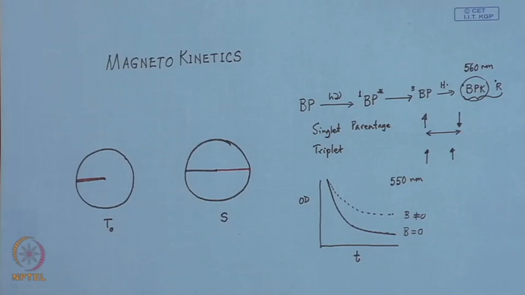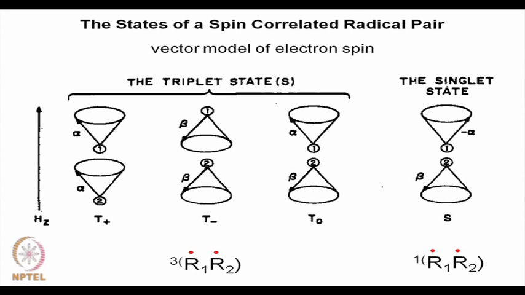So in this way, if you can change the relative precessional frequency, then you can shift from T0 to S or S to T0. So that is one way of transforming the system from T0 to S. Now, how can you get this from T0 to T minus to T0?